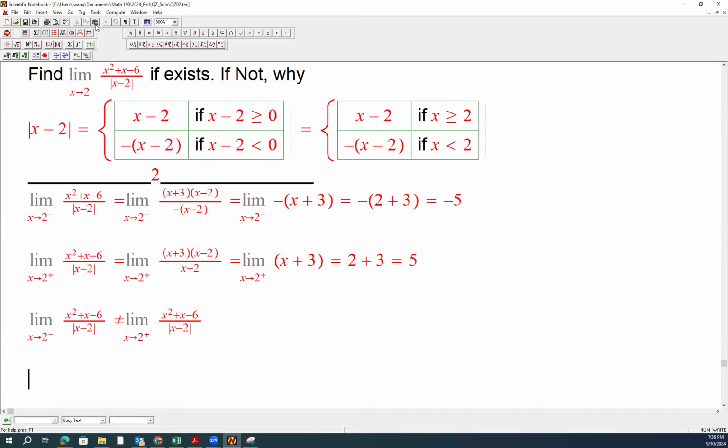I'm using a lot of copy and paste because I can. Okay, you have to write it down. Does not exist. That's it.